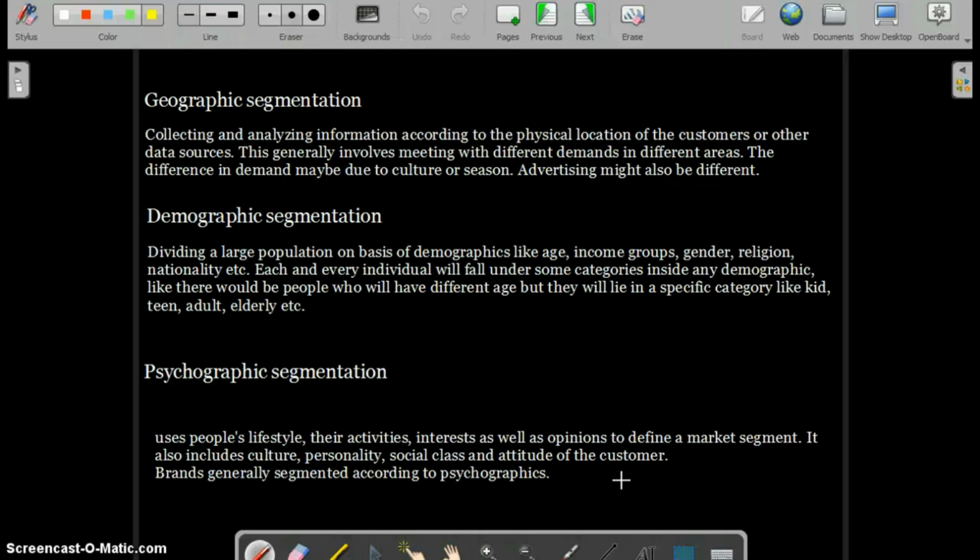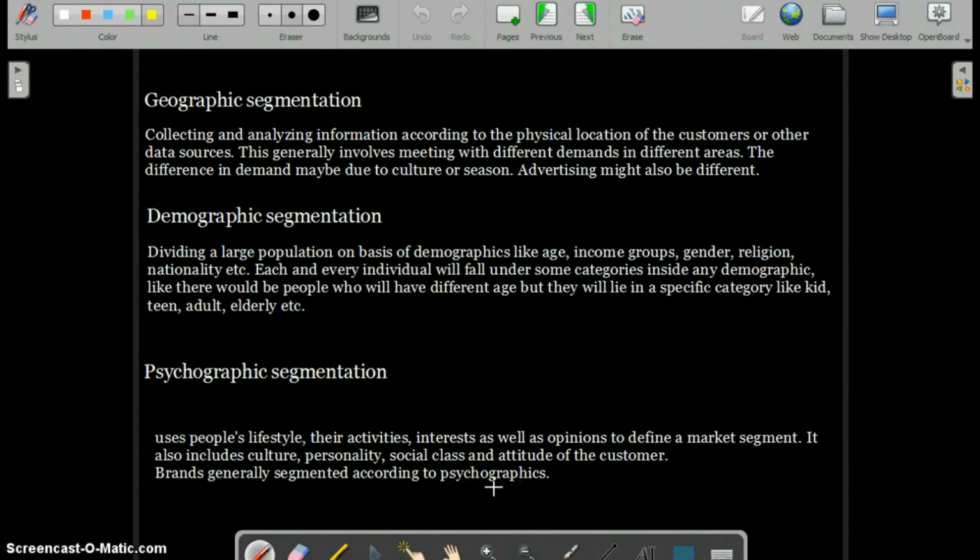There was one product which actually introduced underwater cycling or something, for some people who are interested in cycling, so they developed something new for them, and they made a huge profit out of that as well. So brands generally segment according to psychographics.